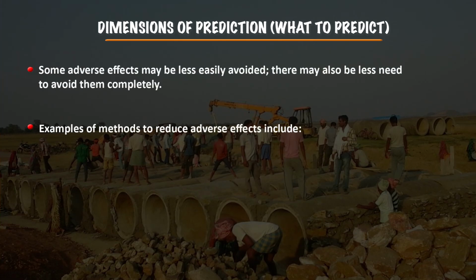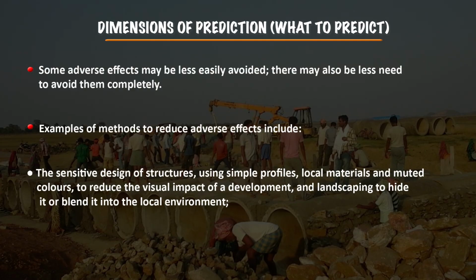Sometimes the adverse effects are less easily avoided, so there may be less need to avoid them completely. We may use sensitive design of structures, using simple profiles, local materials and muted colors to reduce the visual impact of a development, and landscaping to hide it or blend it into the local environment.